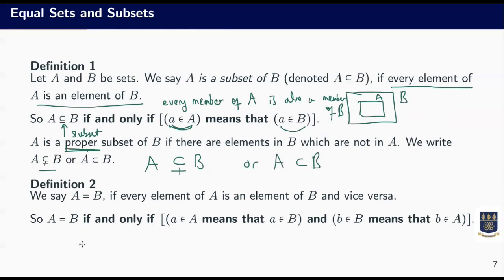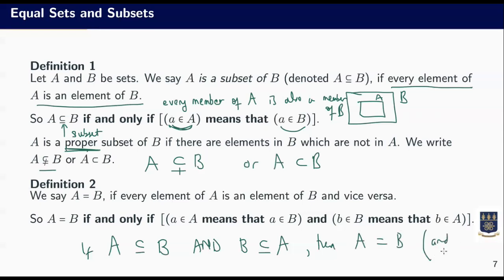Now, if A is a subset of B and B is a subset of A, it means that all the members of A are members of B, and all members of B are members of A. So then A must equal B, and vice versa.